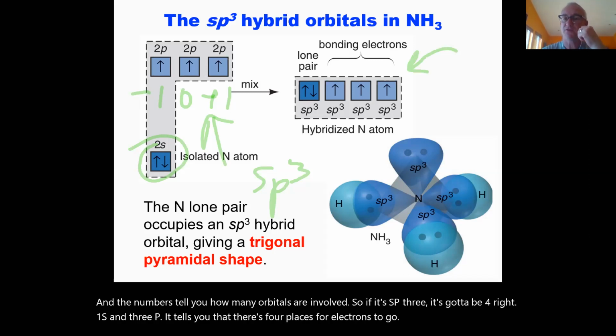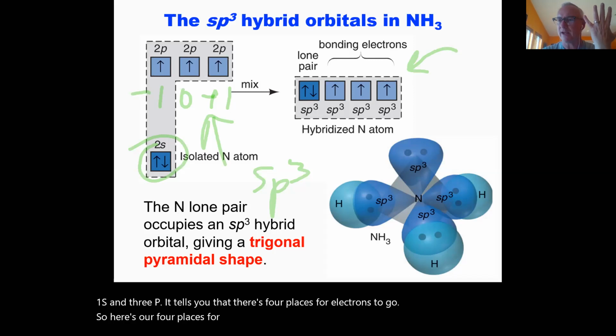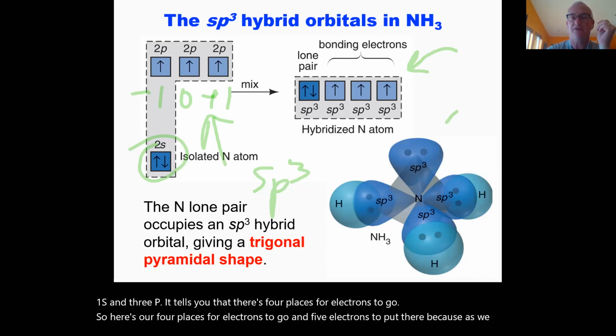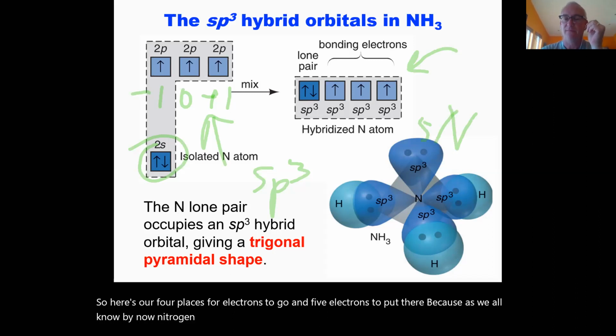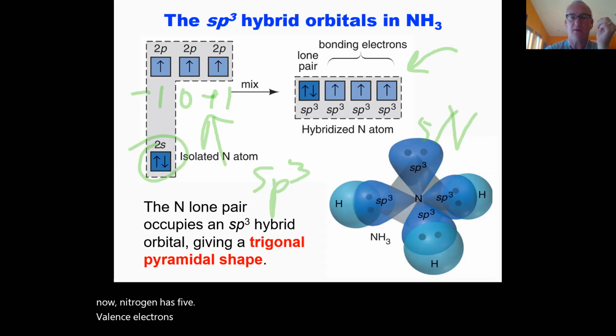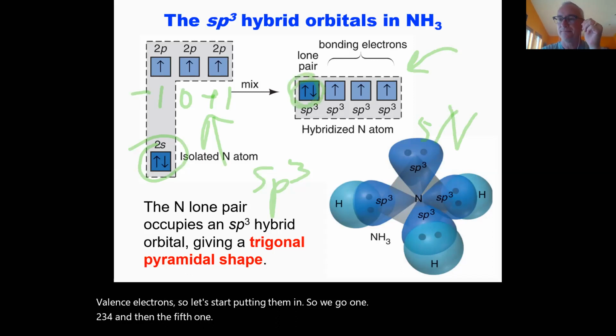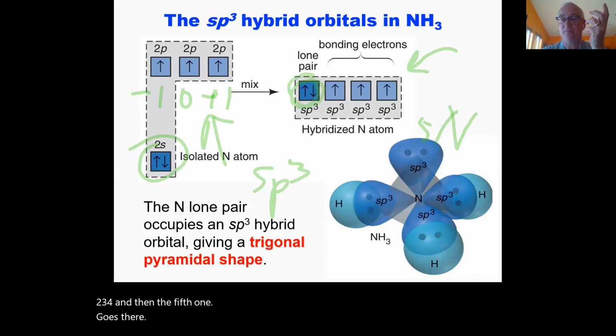So here's our 4 places for electrons to go and 5 electrons to put there, because, as we all know by now, nitrogen has 5 valence electrons. So let's start putting them in. So we go 1, 2, 3, 4, and then the 5th one goes there. And now that particular orbital is full. That is your lone pair.